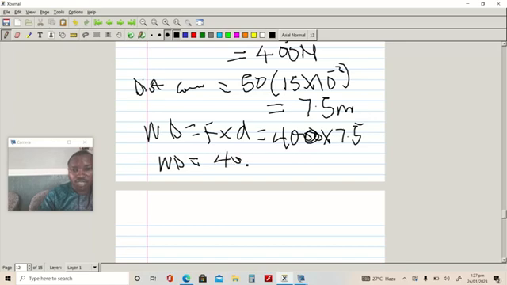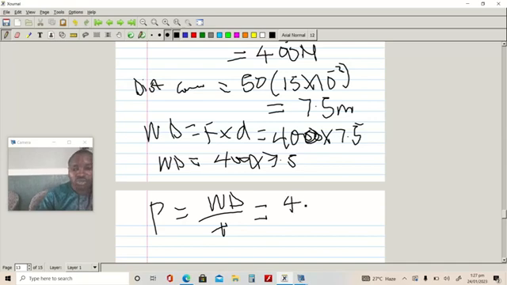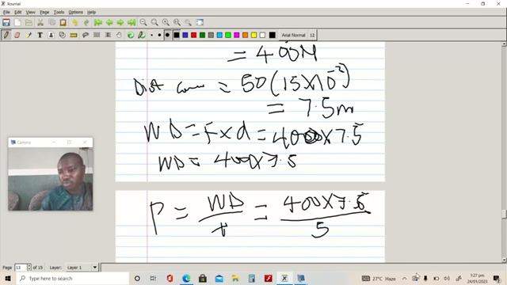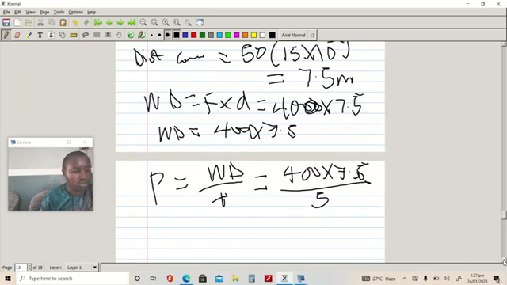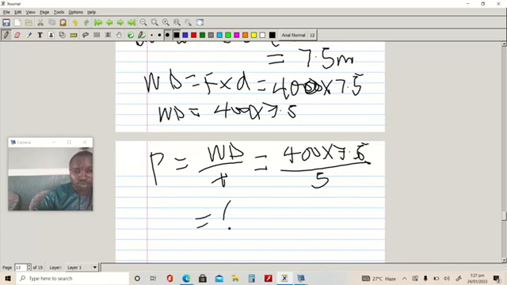Then your power is equal to work done over time taken, which is work done divided by the time. We are given 5 seconds. So when you do that very well, you should be able to have 600 watts as the answer.